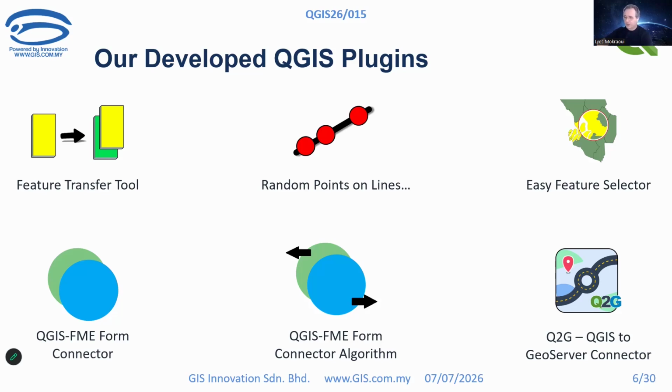Q2G is part of our ecosystem, and we're going to talk about it later very briefly. Basically, you create a map in QGIS, send all the data, style it in GeoServer, and you'll be able to create a web map without programming.